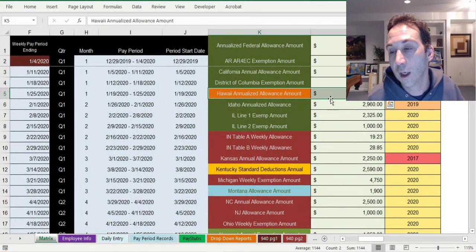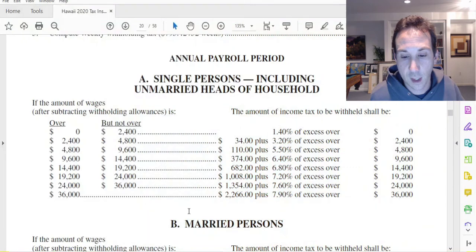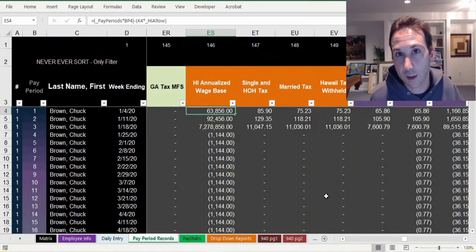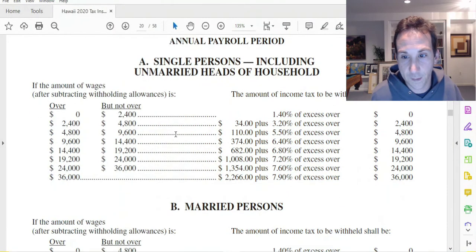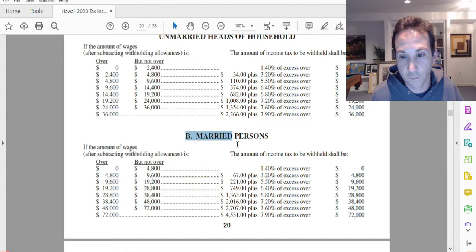I expect it to. Actually, I don't know the answer to that. It might change. 1,144. So you're just going to multiply that by the number of exemptions or allowances, and then you're going to end up getting a taxable wage base right here. Then you can apply one of those two formulas. Really, it's going to be this one for single people, and it's going to be this one for married.